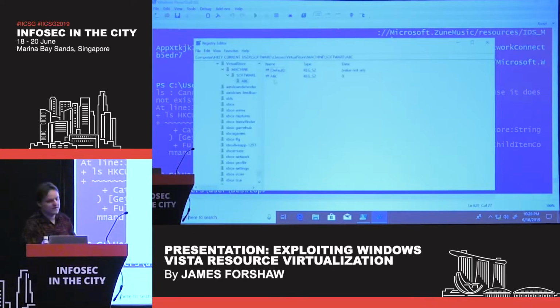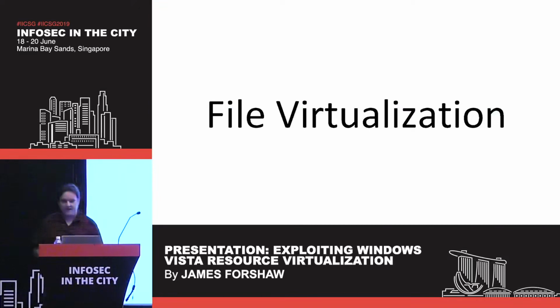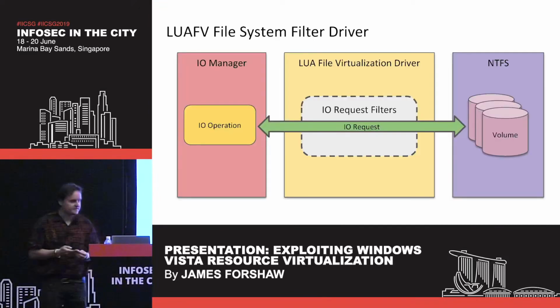And there we go. So it all kind of works. And as far as the application can tell, it's clearly not virtualized, and it's all working perfectly. Okay, let's go on to file virtualization.